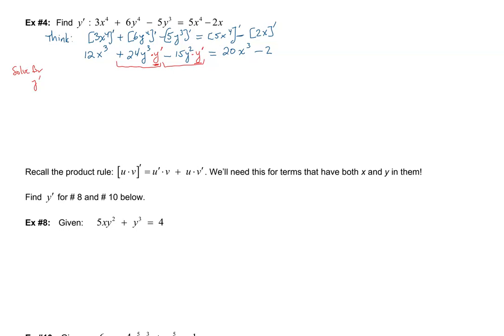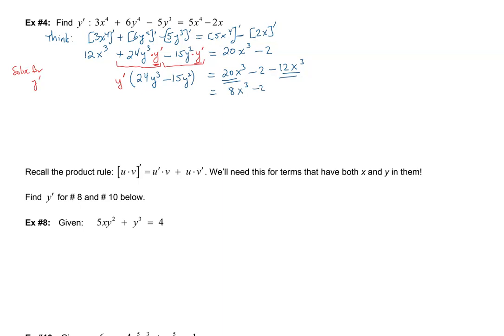So after I do both of those things, factoring out the y prime, I get y prime times 24y cubed minus 15y squared, and that equals 20x cubed minus 2 minus 12x cubed. Well, it looks like we've got some common factors. I didn't notice that, so I'll change that to 8x cubed minus 2.